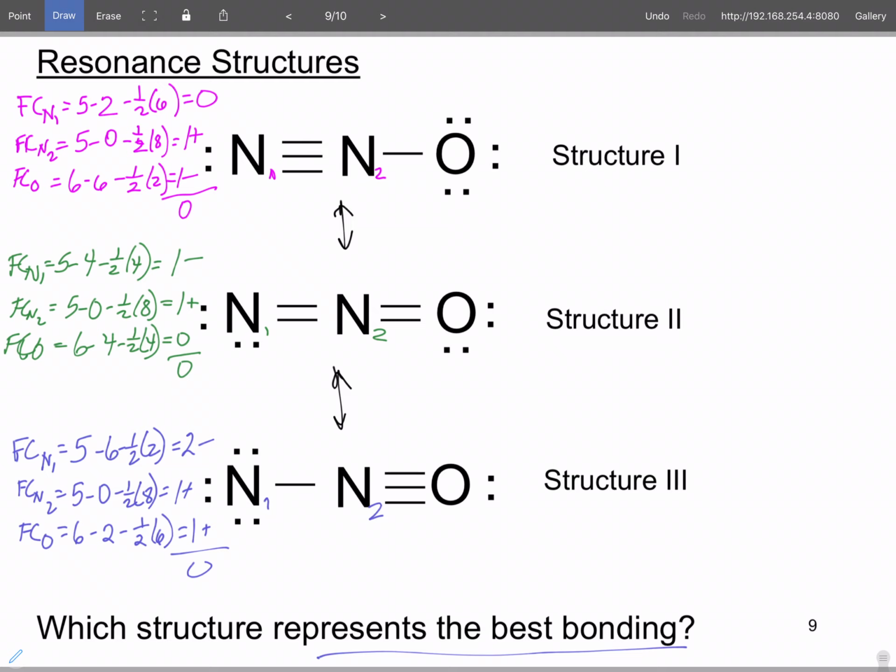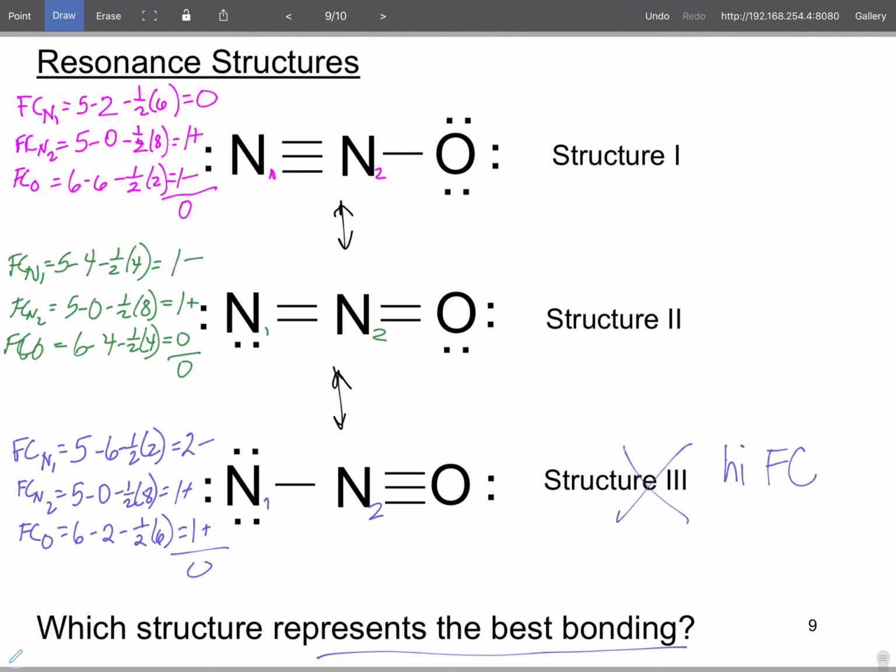Is there one you can throw out? Oh yeah. This structure can go because it has high formal charges. Every other formal charge is 0, plus 1, or minus 1. This one actually has 2 minus, so we want to chunk it. And, added bonus, it has 2 positives sitting next to each other. So there you go. We're done with this one. This is the worst structure.